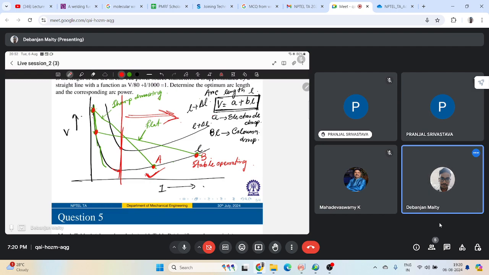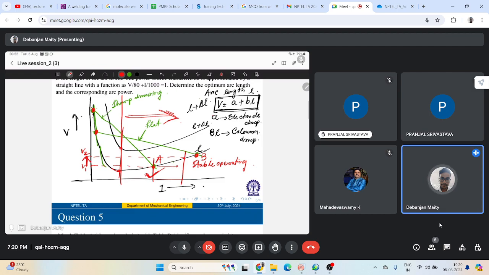So for operating point A, if you are increasing your current towards this, voltage also is getting increased, right? And this will in turn decrease the source current.